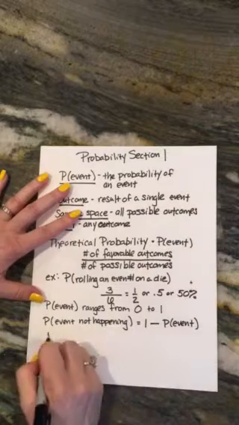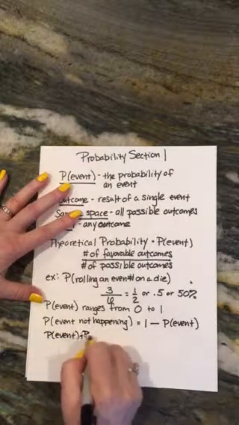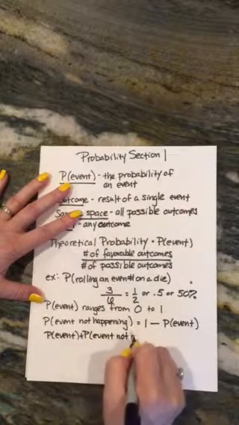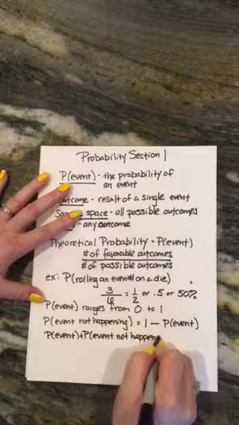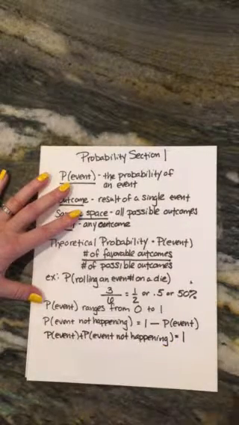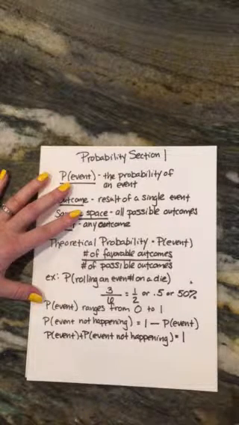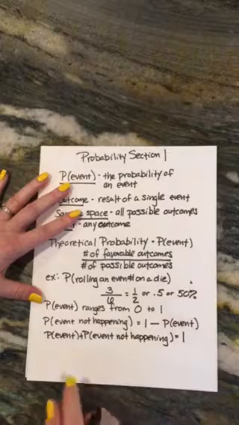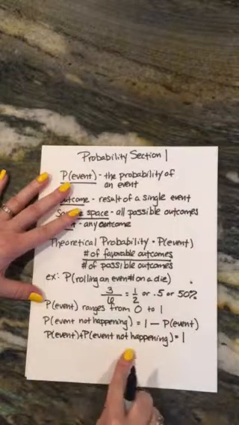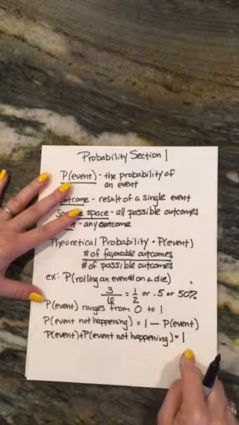Or we could say the probability of an event happening plus the probability of an event not happening is 1, or 100%. So let's think of an example. The probability that Aiden is talking and the probability that Aiden is not talking. If we added those two together, we get 1.